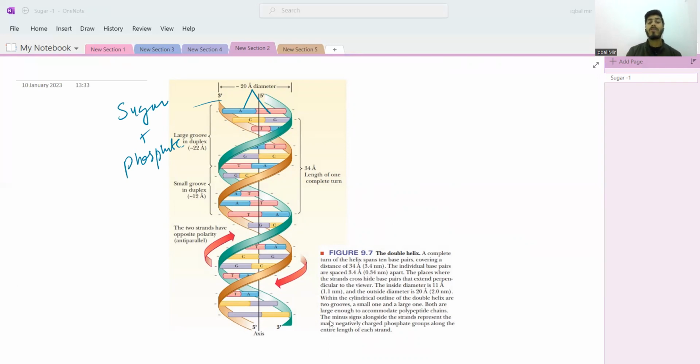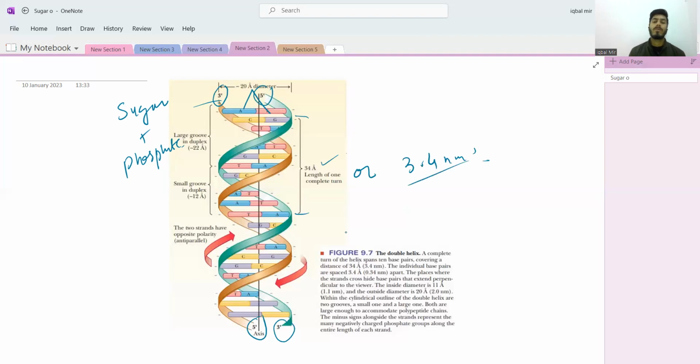The two chains of DNA run in anti-parallel direction. You can see here anti-parallel polarity. This strand, the yellow one, is 3' here, 5' on the other end. The green one is 5' here, it is 3' on the other end. Two strands of DNA are anti-parallel. If we see the length of one complete turn, it is 34 angstroms, or in other words, it is 3.4 nanometers.